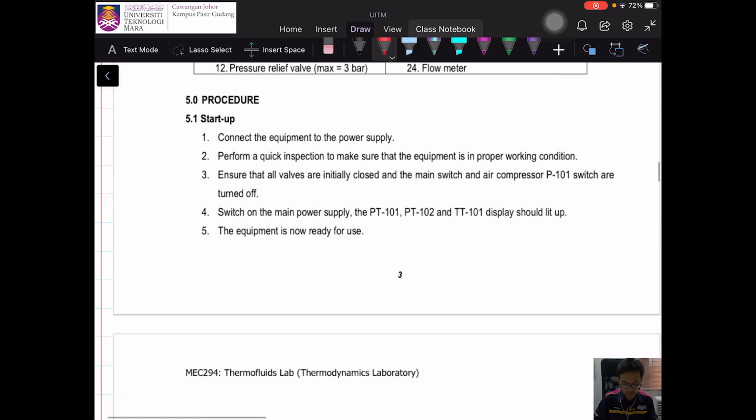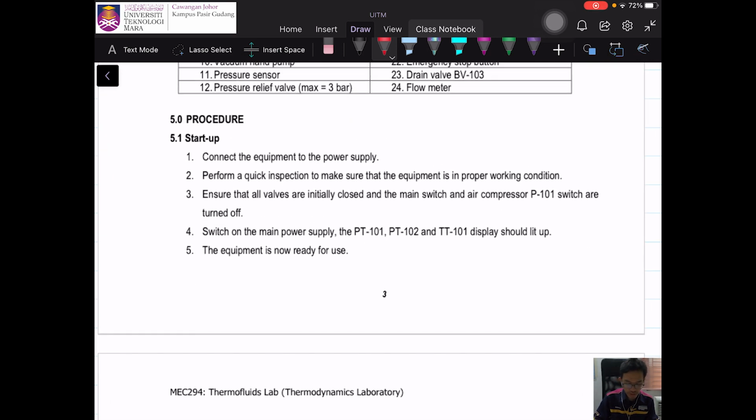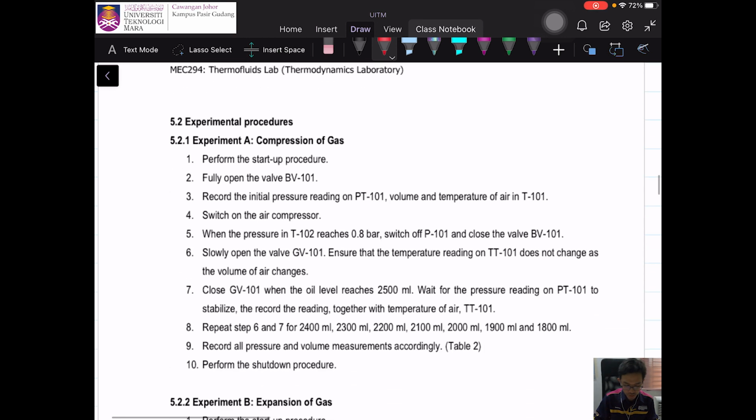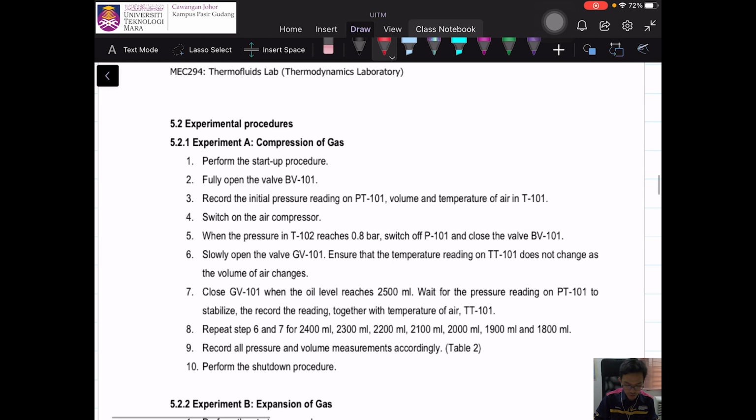So if you look at the startup procedure, there is an important step here. When you run the compression process, you need to first record the initial pressure reading of the PT101 and also T101, which is on the right hand side of the cylinder, the measuring cylinder.